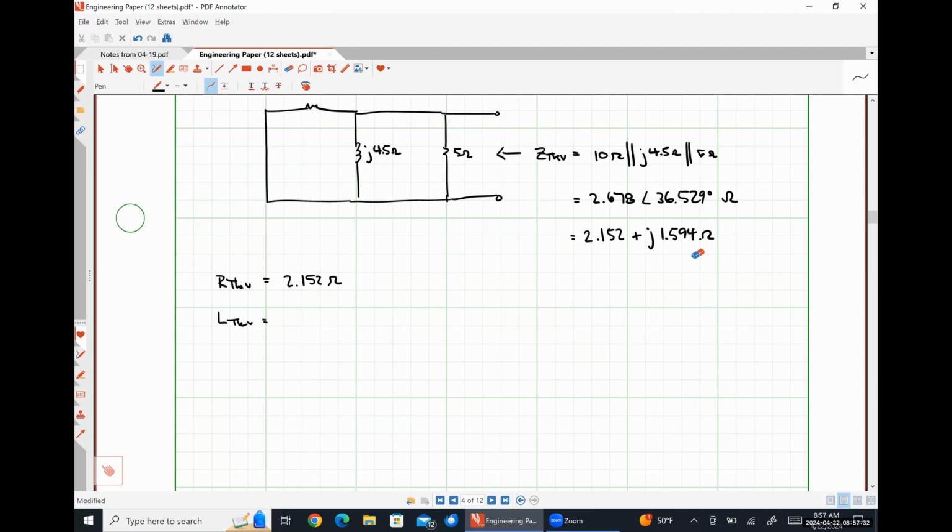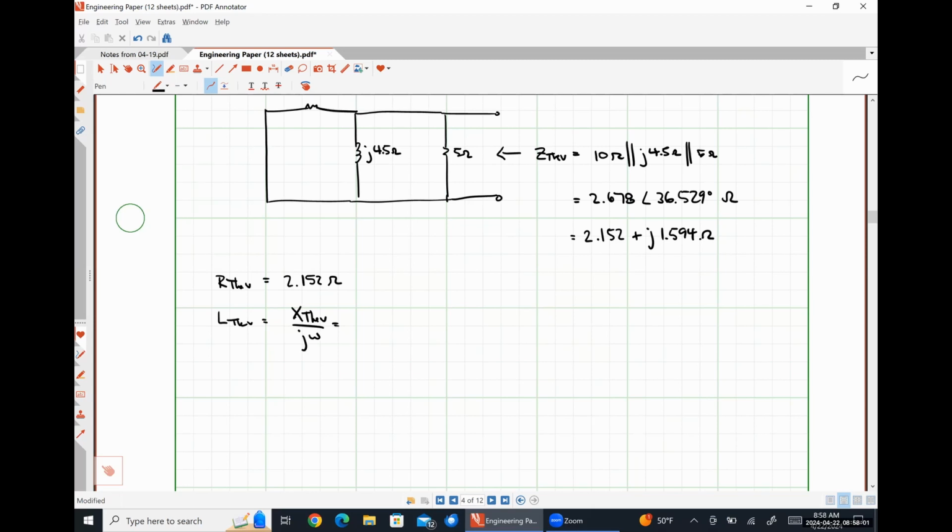So that's the reactance, but I don't want a reactance. I want the time domain. So I need to convert that reactance back into an inductance. If multiplying by j omega converts my inductance into an impedance, dividing by j omega should convert my impedance back into an inductance. So this is just going to be X Thev over j omega.